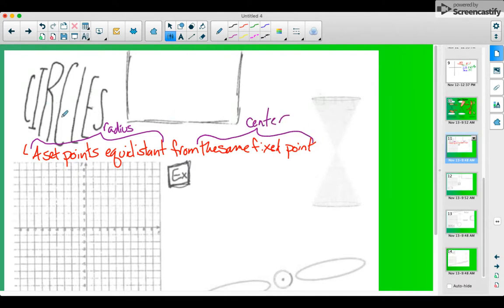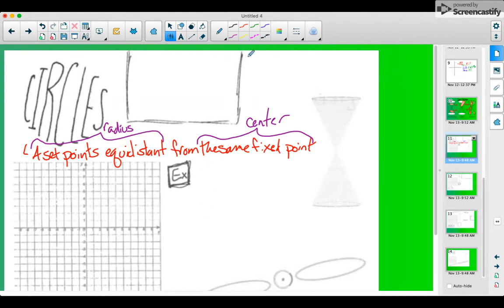So we already know that in a circle, there's a center, and all the points are the same r distance away from the center. Now, that becomes super handy when we start to talk about how to graph these. We're going to talk about 2 different equation forms during this chapter for each of the 4 different types of figures.